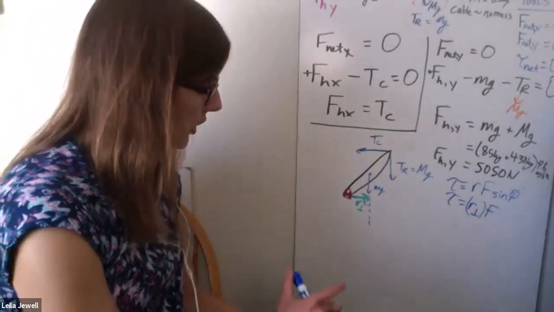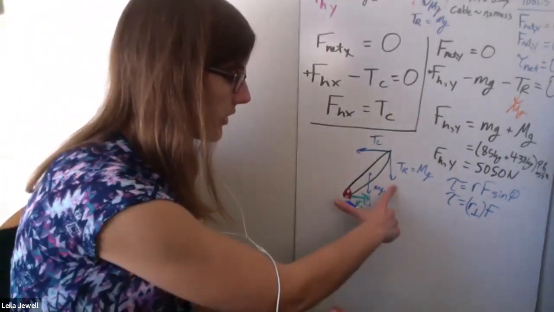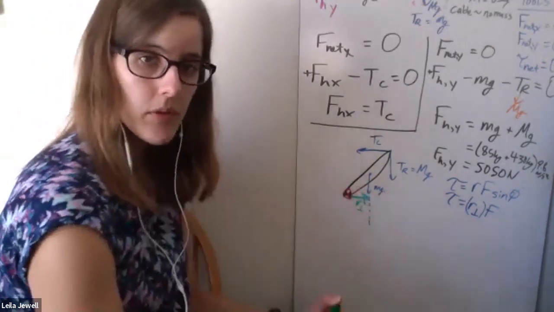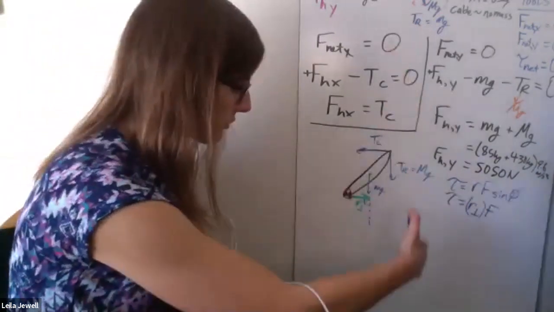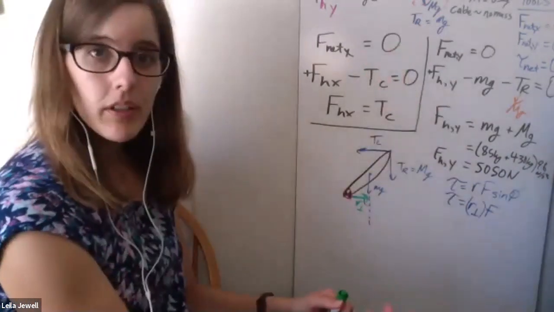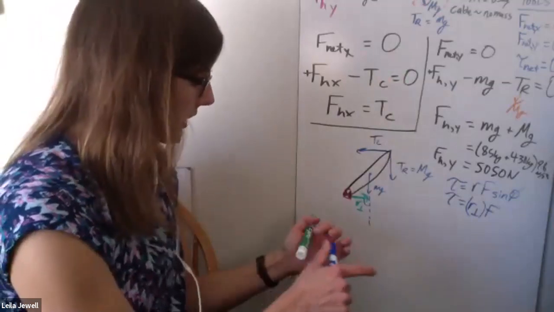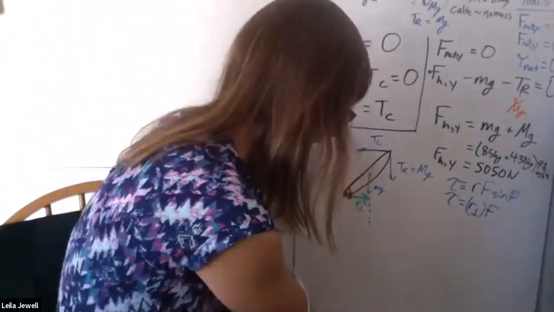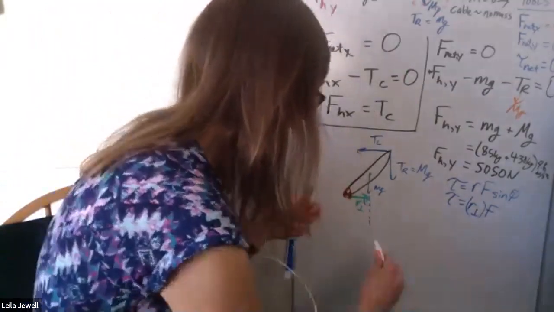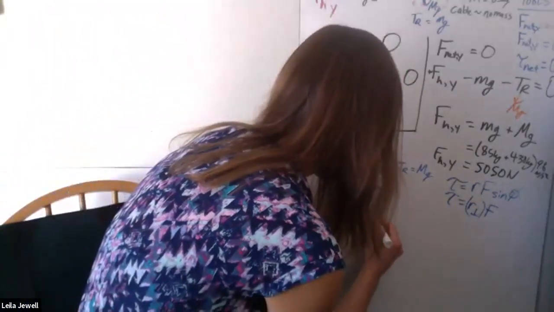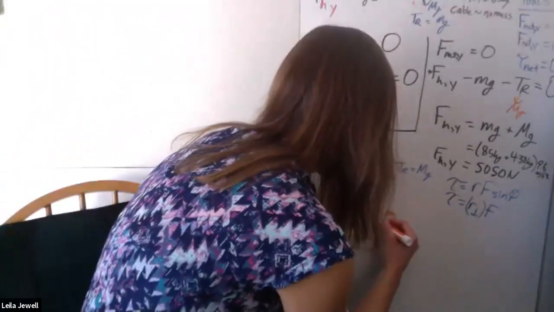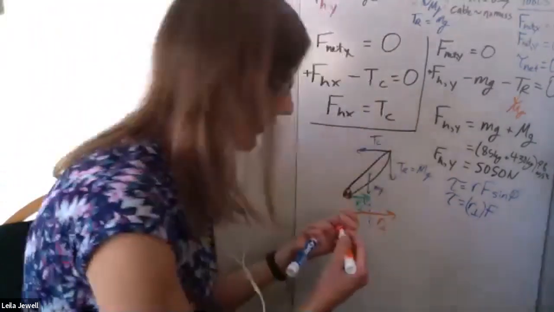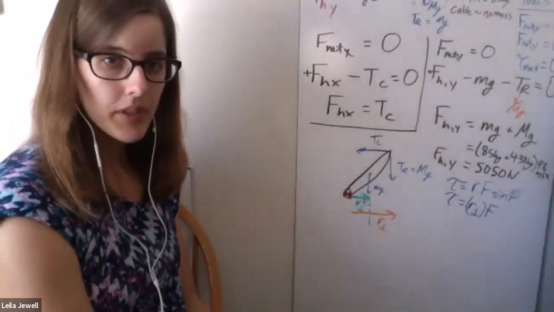Now this can also help clue us into what it would be for the tension in the rope, which is equal to mg, right? This is a vertical force, so our R perpendicular to be perpendicular is going to have to point horizontally. Orange, so we have a different color here. Right, so that's the R perpendicular.